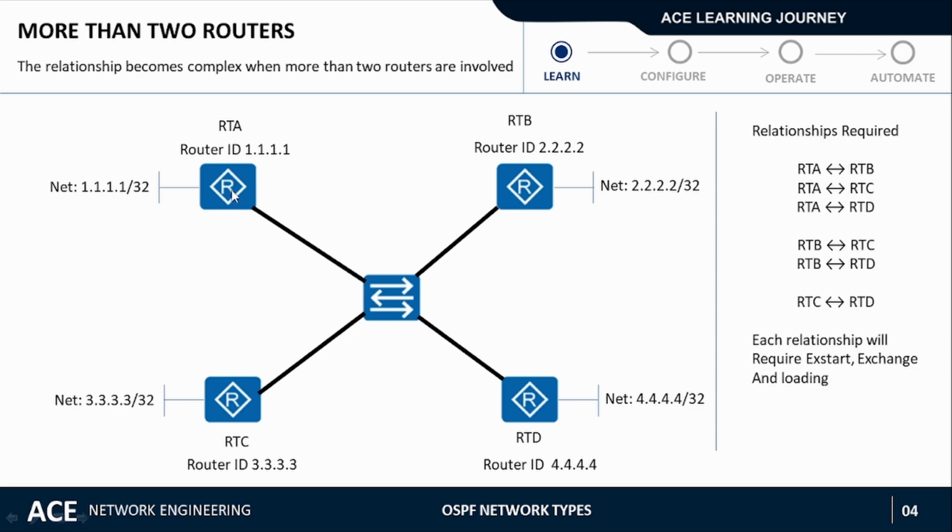So router A will establish adjacency with router B, router C, and router D. Okay, so those are three adjacencies.